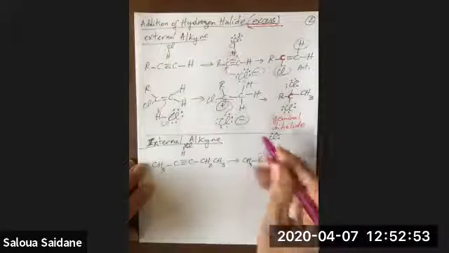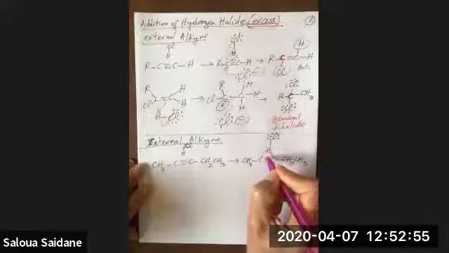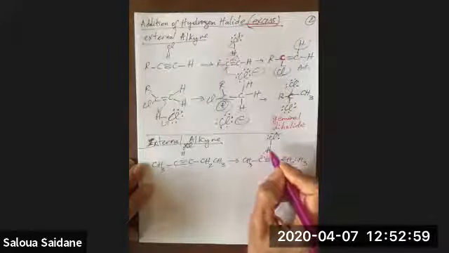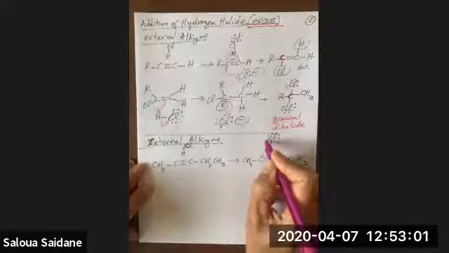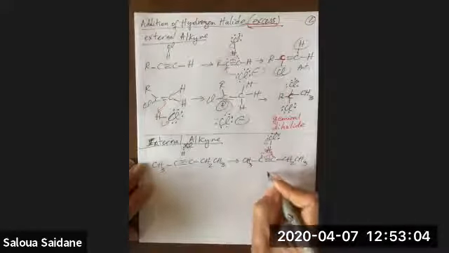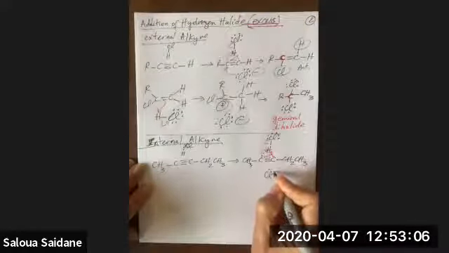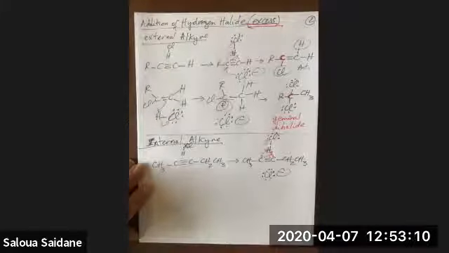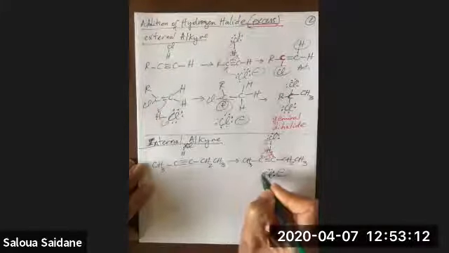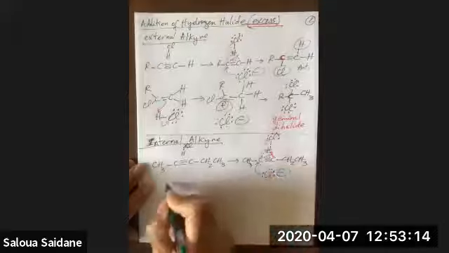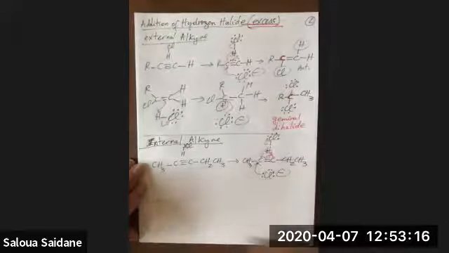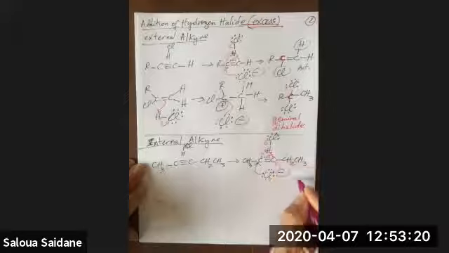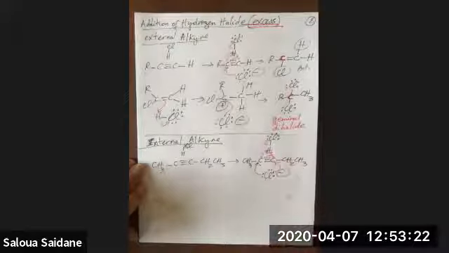So what is the process here? This opens here, and this goes here, this opens. And your Cl minus, we have two options. It will add to the left, and I'll have the green, or it will add to the right, and I'll have the pink.